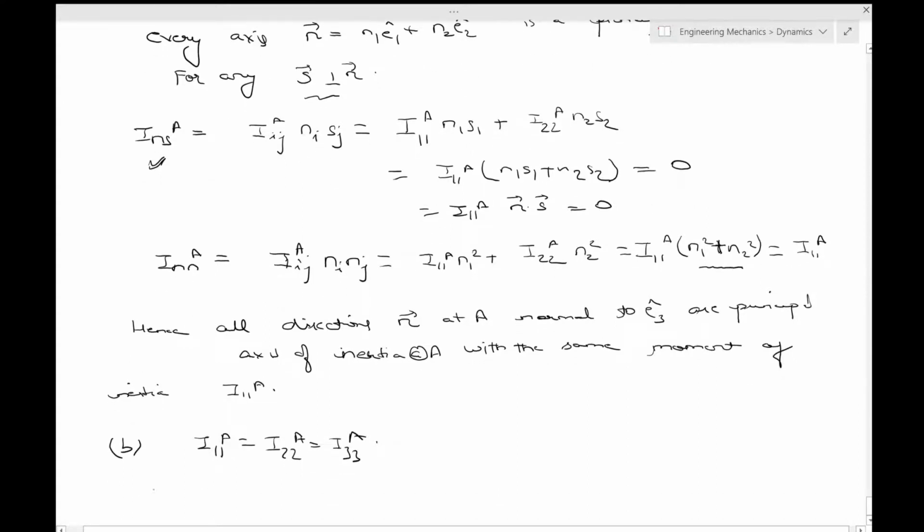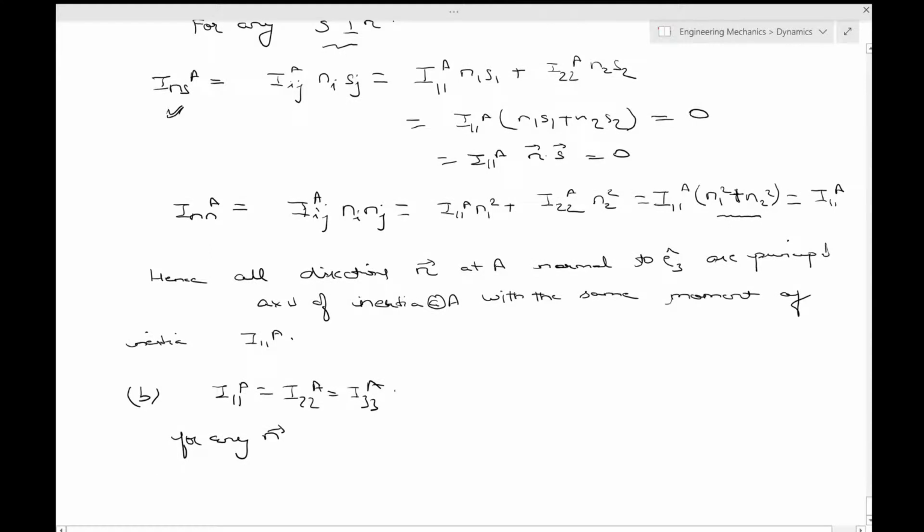So for any n and any s, one should have I n s of A equal to Iij of A n_i s_j, which is equal to I11 of A times (n1 s1 plus n2 s2 plus n3 s3).